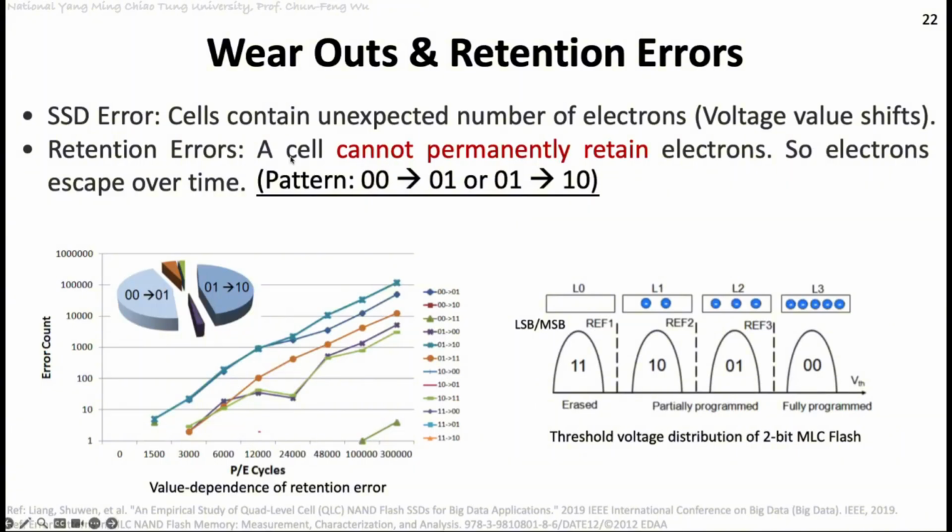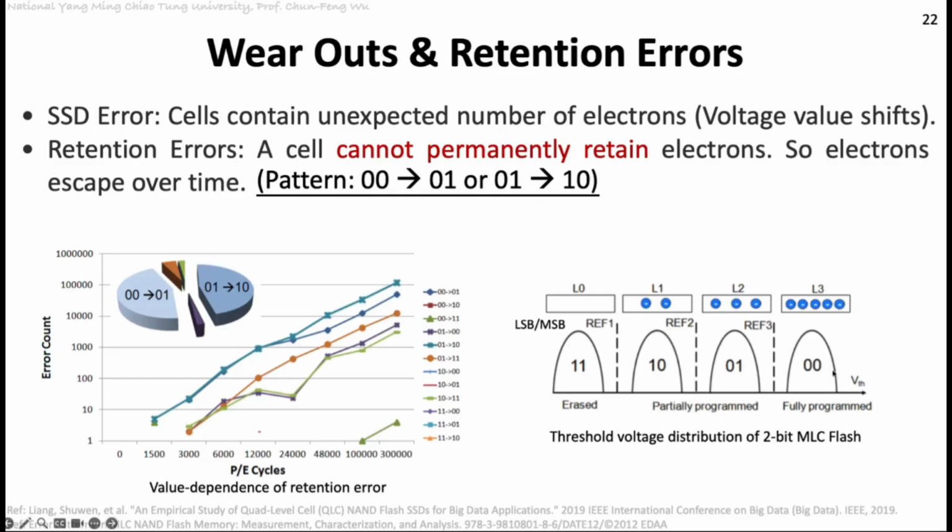When you are using an MLC, a 2-bit SSD, most errors are from 00 to 01 or 01 to 10. So they occur in the floating gates with the higher voltage values.